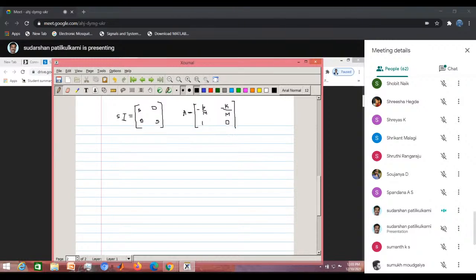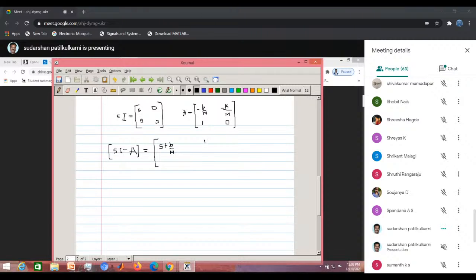So what is sI minus A? sI minus A is again going to be another 2 cross 2 matrix, and that is equal to s plus B over M, K by M, minus 1 and s.